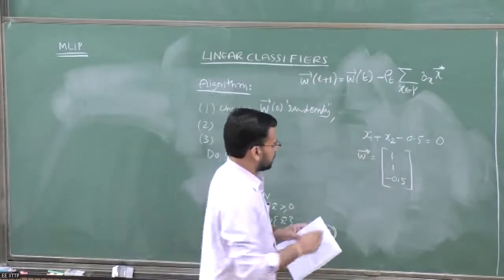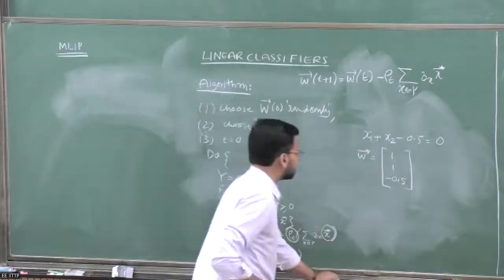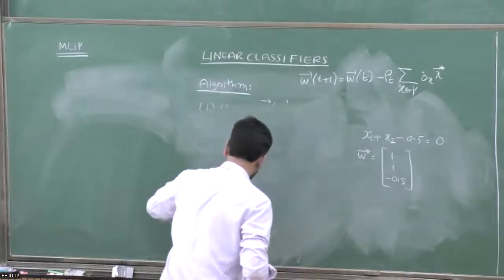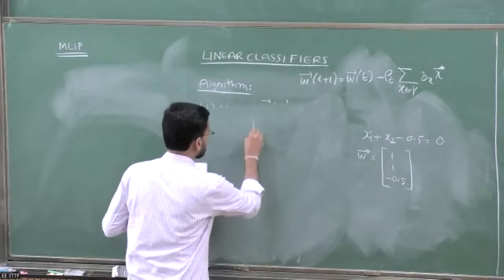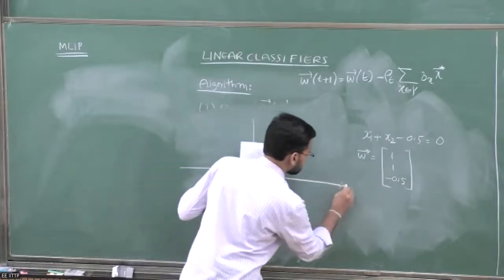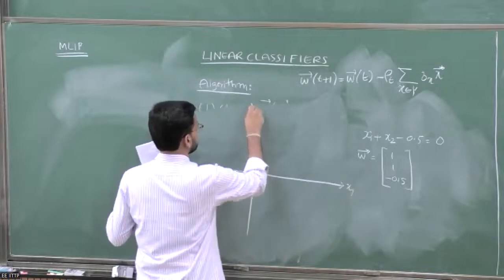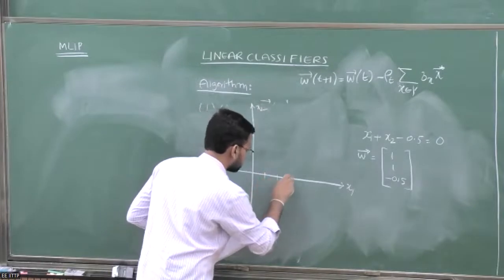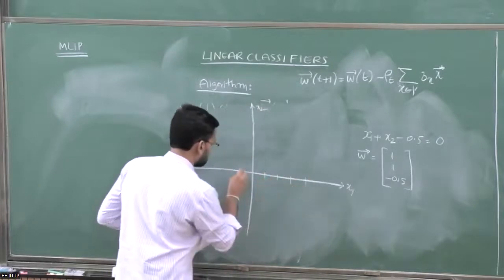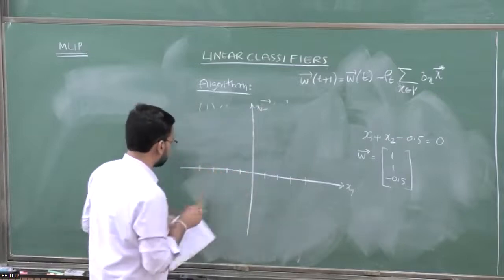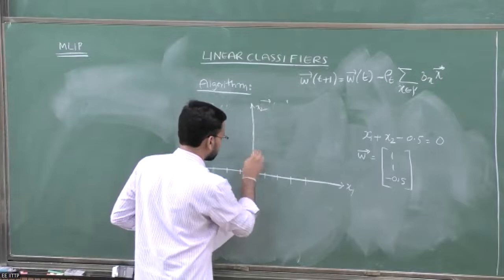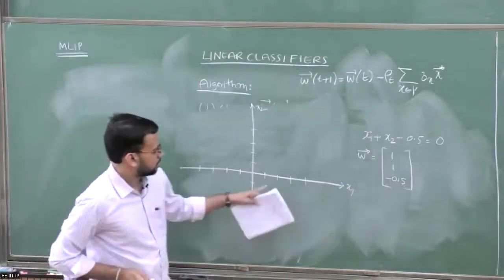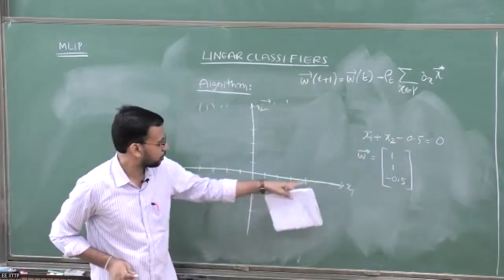Then, if you want, we can plot this also, how it looks. Let this be my x1, let this be x2. Where does this line have a point on x1?